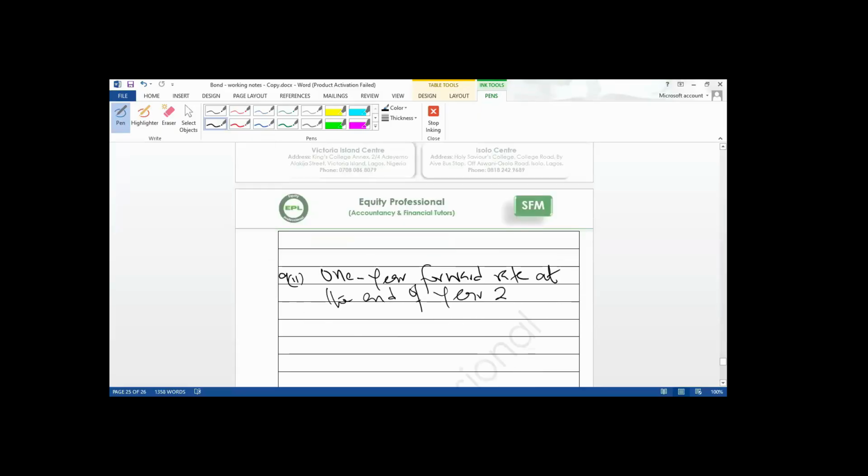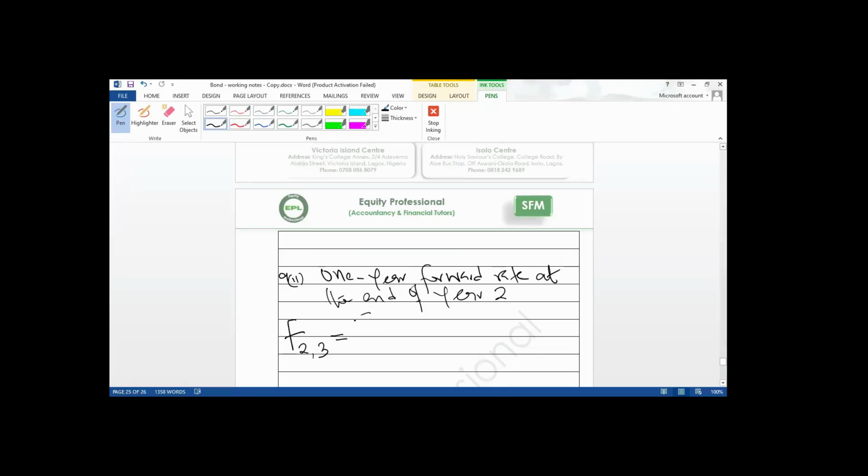That means year 2 is the commencement year, 1 year after year 2 takes us to year 3. The formula becomes 2 to 3, the 1-year forward rate at the end of year 2. Year 2 is your commencement year.